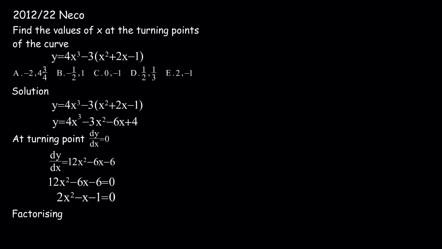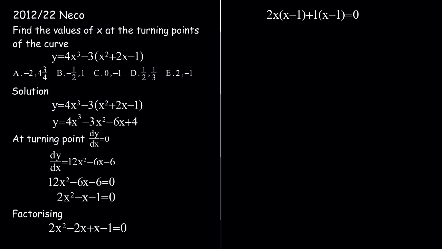So splitting minus s into minus 2s and s, our equation becomes 2s squared minus 2s plus s minus 1 is equal to 0. Factorizing further, it becomes 2s in bracket s minus 1 plus 1 in bracket s minus 1 equals 0. Factorizing further, it becomes 2s plus 1 in bracket s minus 1 equals 0.